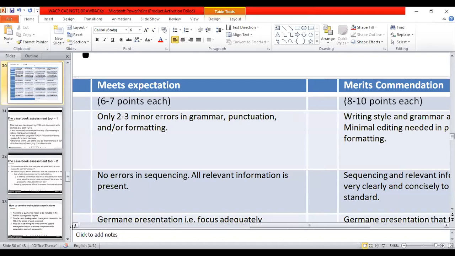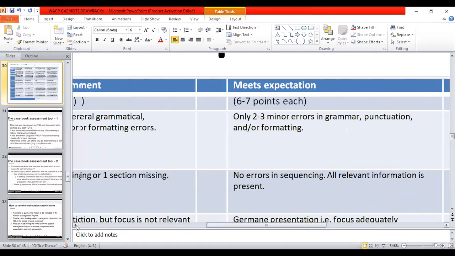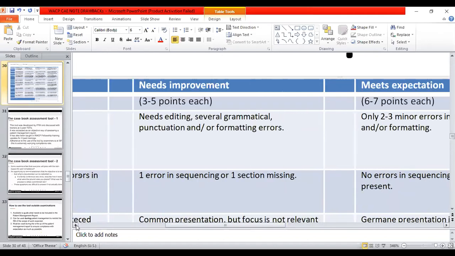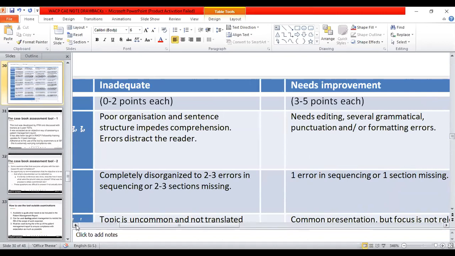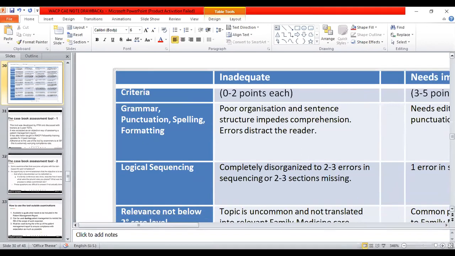Then the other aspect of it are the criteria. What are the things that we need to note in each of this? On the criteria column, we will look at the grammar, punctuation, spelling, formatting, and we'll score them. The next thing is logical sequencing.